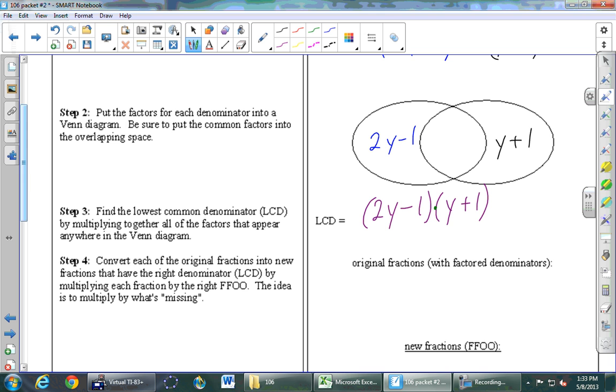Okay, so now we're copying the original fractions. What was the original? What was the first one? Y over 2y minus 1. What was the other one? Okay. So that's just copied.